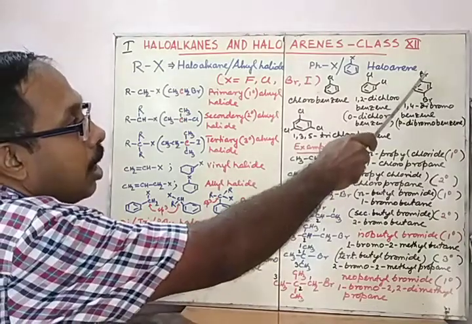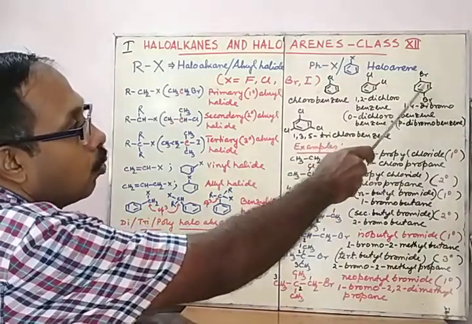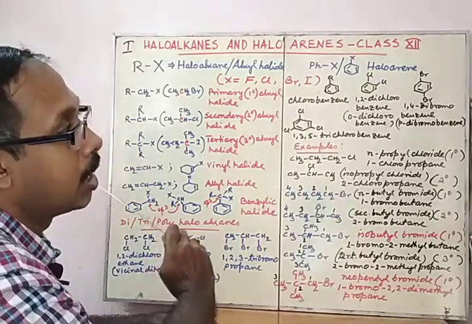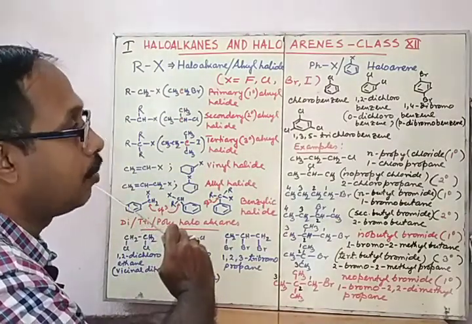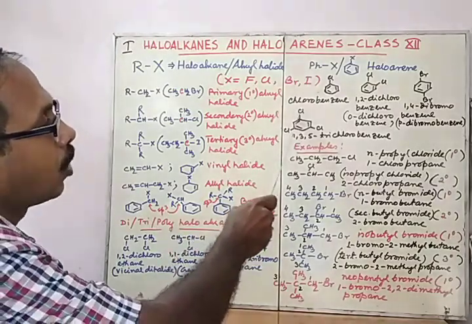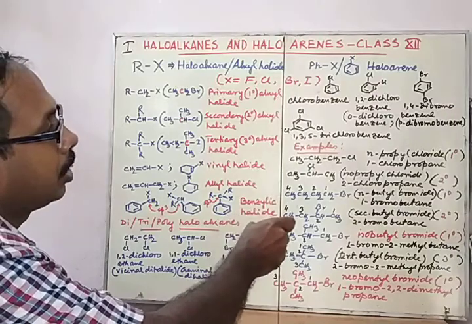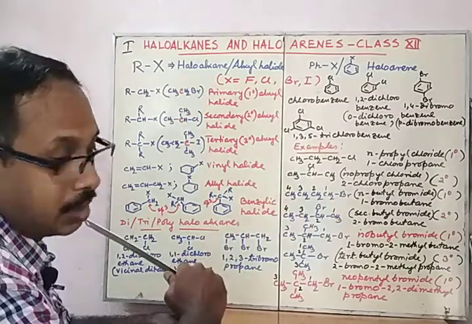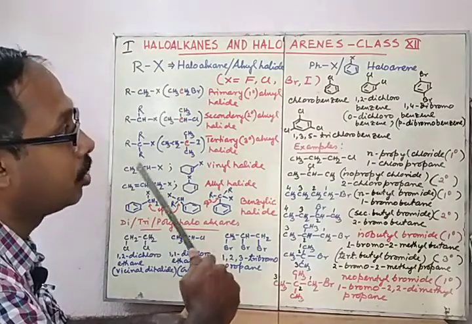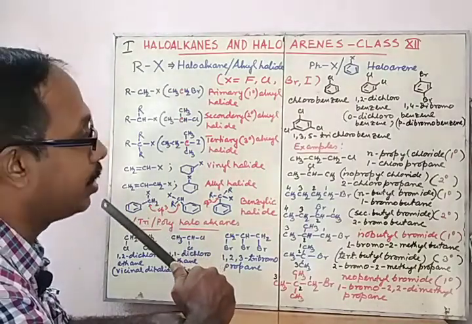Likewise, it is 1 and 4 where the two bromine groups are, so it is 1,4-dibromobenzene or para-dibromobenzene. And here it is 1,3,5-trichlorobenzene. So these are polyhalogen compounds in the case of haloarenes.